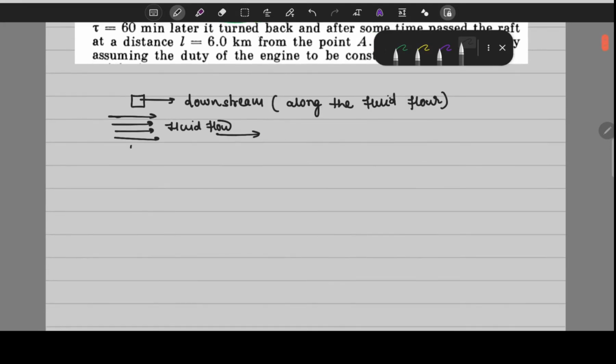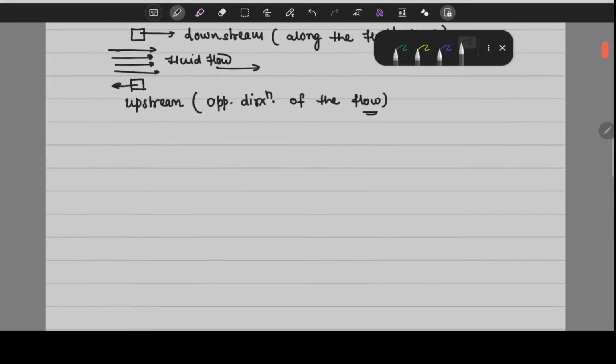Okay, and for example, if any object is moving in the opposite direction, that means we can say it is going in the upstream direction. That means it is going in the opposite direction of the flow. Okay, all right, so this we have understood.